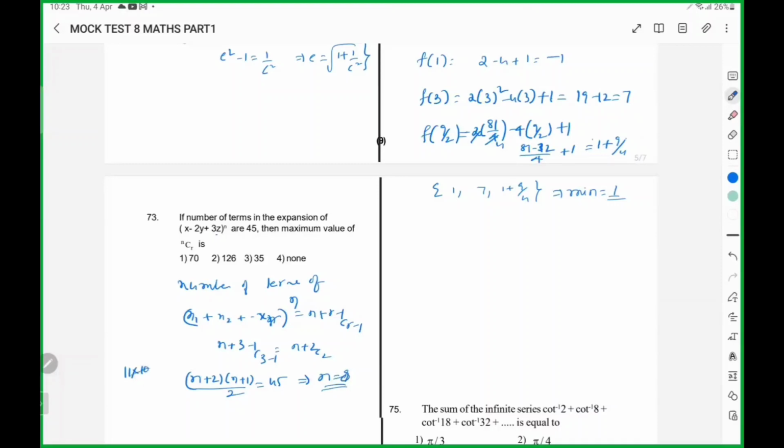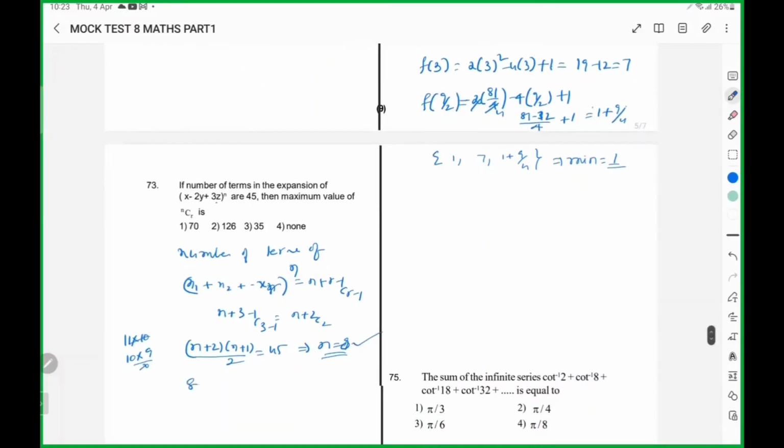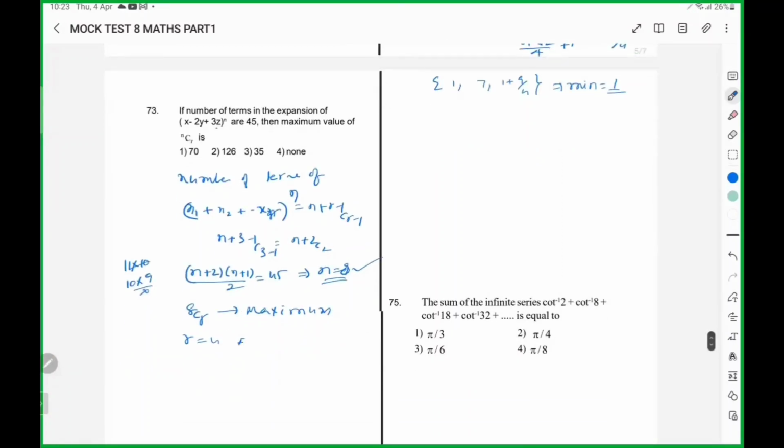Let us take 8. Yes, 8 satisfies. So we'll get 8 C r. So its maximum is for r equal to 4. So its value is 8 C 4. Answer is 7.